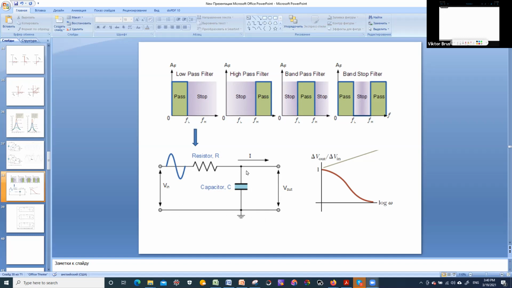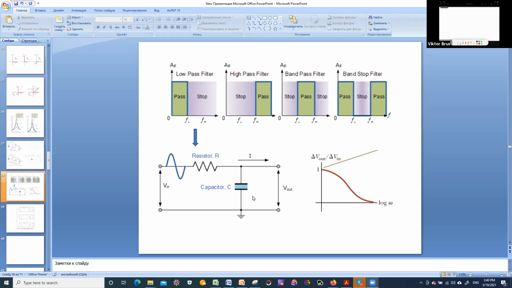So now there will be a division of voltage drops between resistor and capacitor, because not all voltage will drop over the capacitor, since this resistance becomes smaller, and the relative voltage drop over the capacitor decreases. That is also reflected here. The output voltage is the voltage drop over the capacitor. So we see that with increase of frequency, this output voltage decreases.